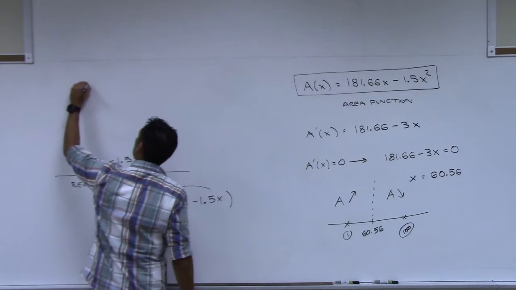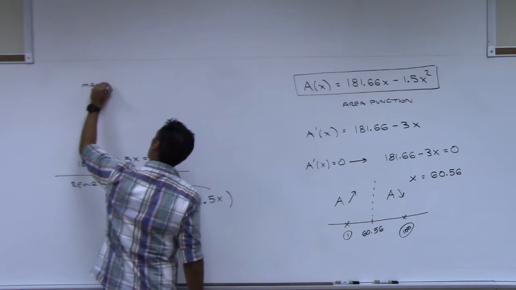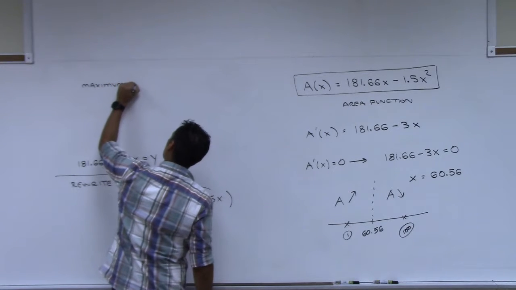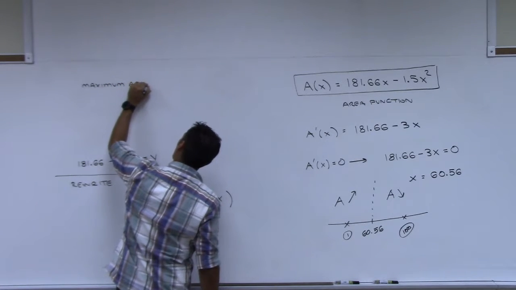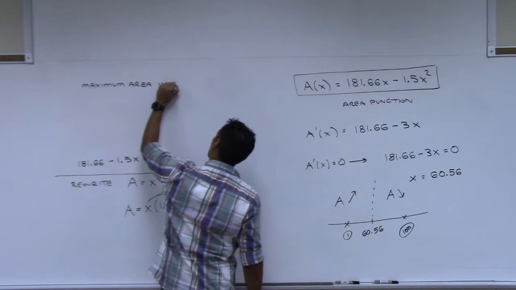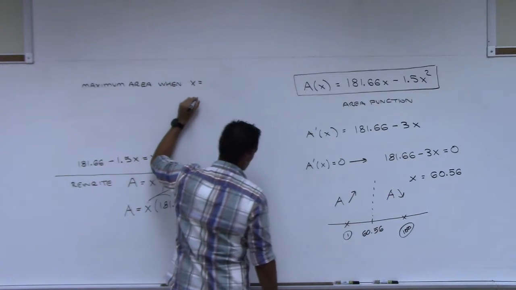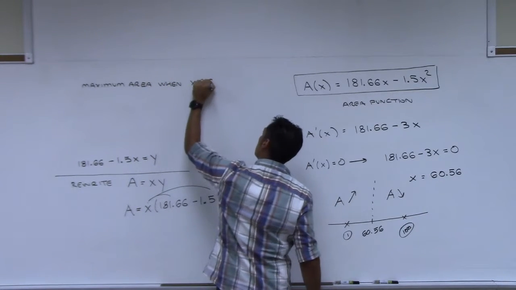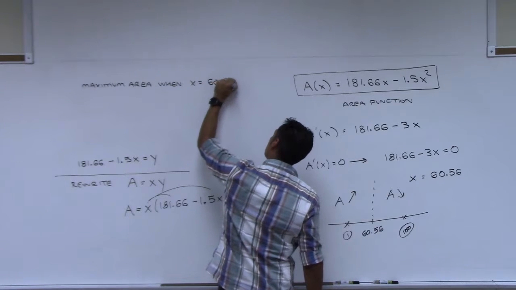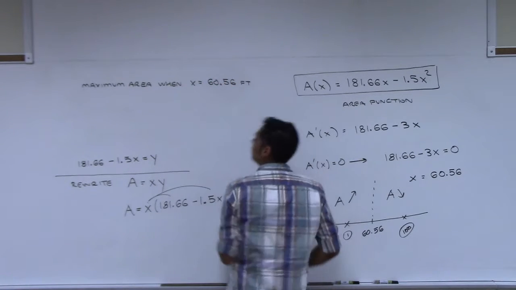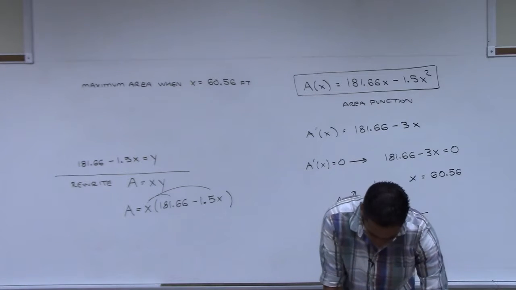So we have a maximum area when x is equal to 60.56 feet. Now, what is the question asking?